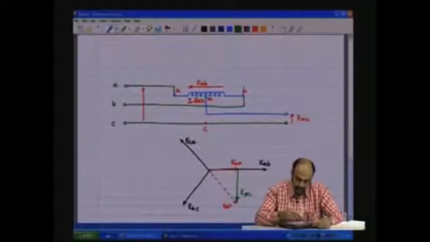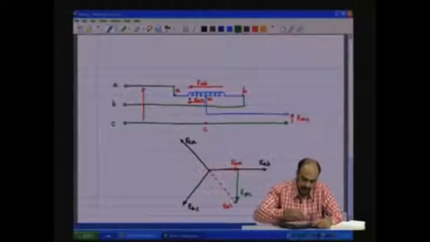Or EAM plus EMC is going to be EAC, as you look at the diagram. Basically, it is Kirchhoff's voltage law in this loop.